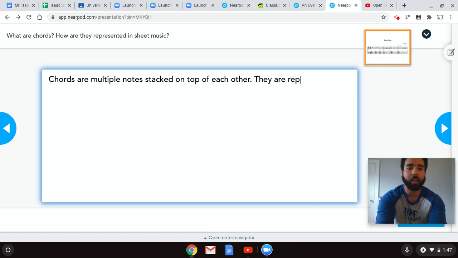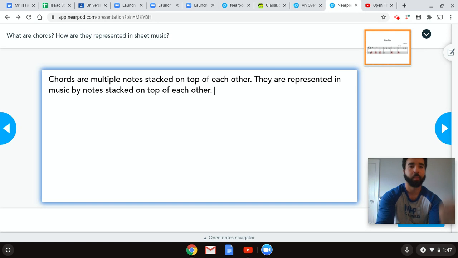They are represented in music by notes stacked on top of each other. I'm also going to put they add harmony to the melody. I think that'll be a sufficient answer.